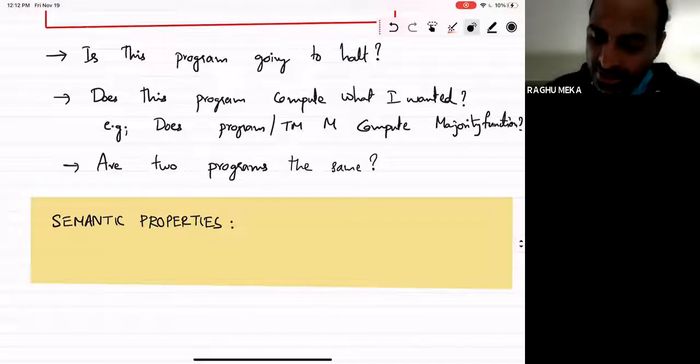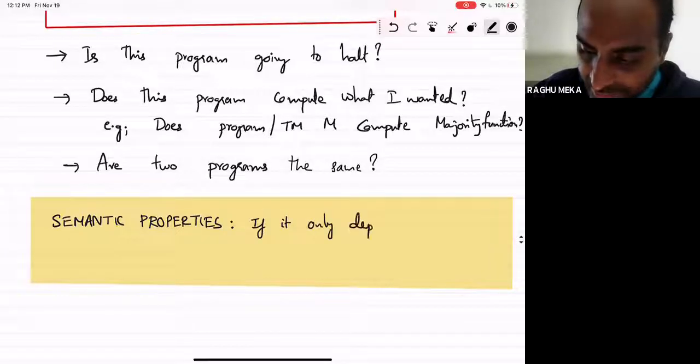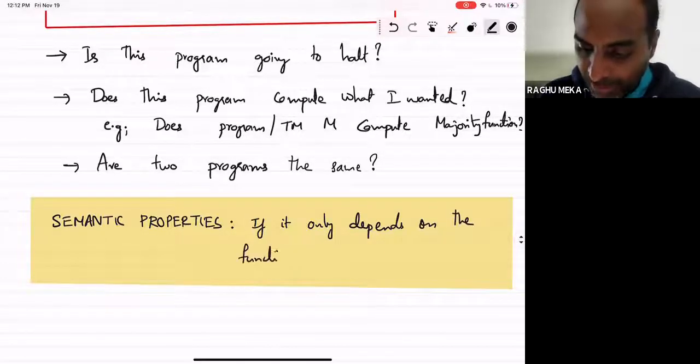And we say that it's a property if it only depends on the, I'll make it formal, but let me just state it informally first.